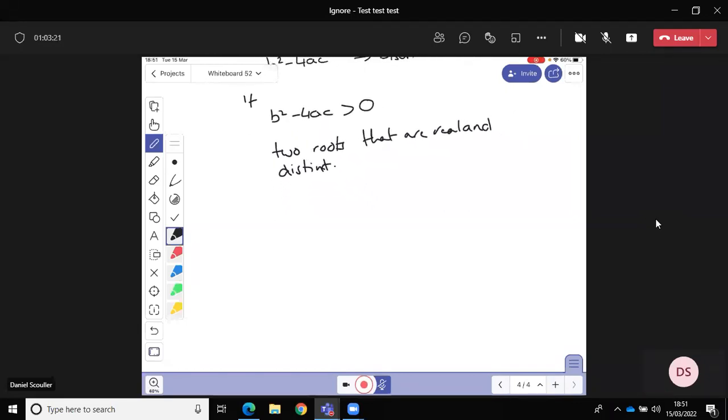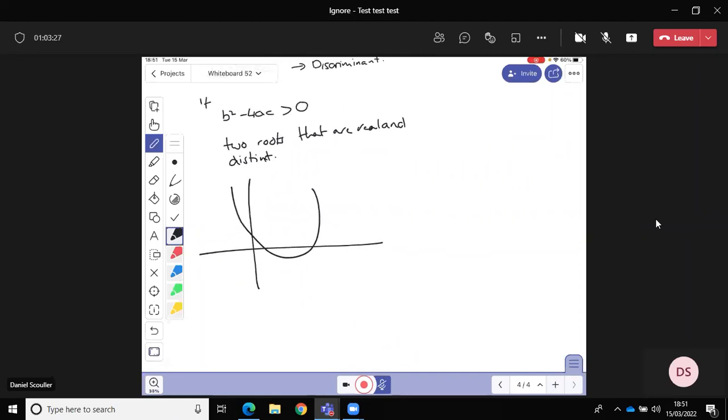What I mean by that is the shapes that we've been seeing. We've got our quadratic, something like that, and it means it cuts the x-axis in two places. So if we've got a shape like that, it means it crosses at two places. The two roots are real, so they exist, and they're distinct, so they're separate.